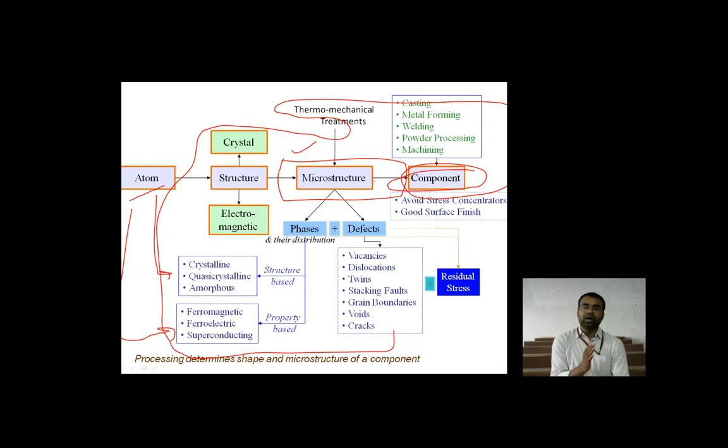If we change the microstructure by processes like thermomechanical treatment, that is, the heat treatment process, then we need to maintain the originality of the structure. If we totally disturb it, then the whole scenario of the material will change.